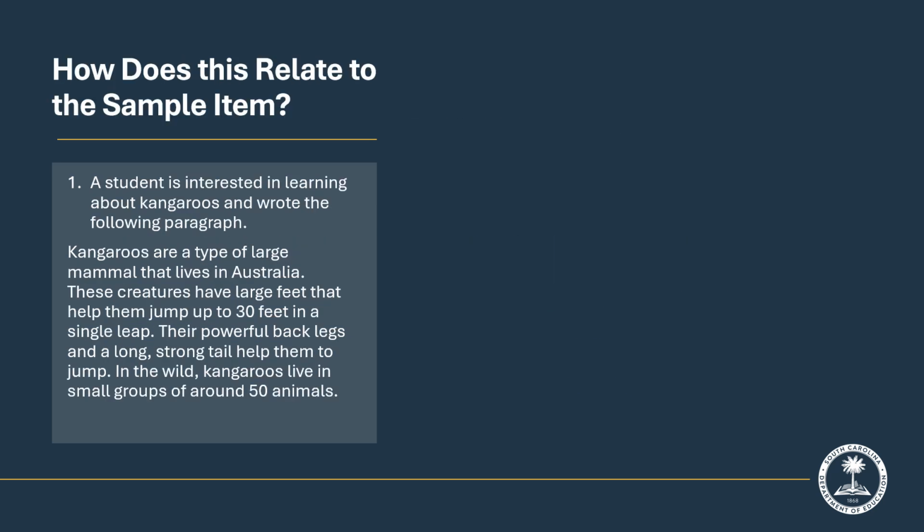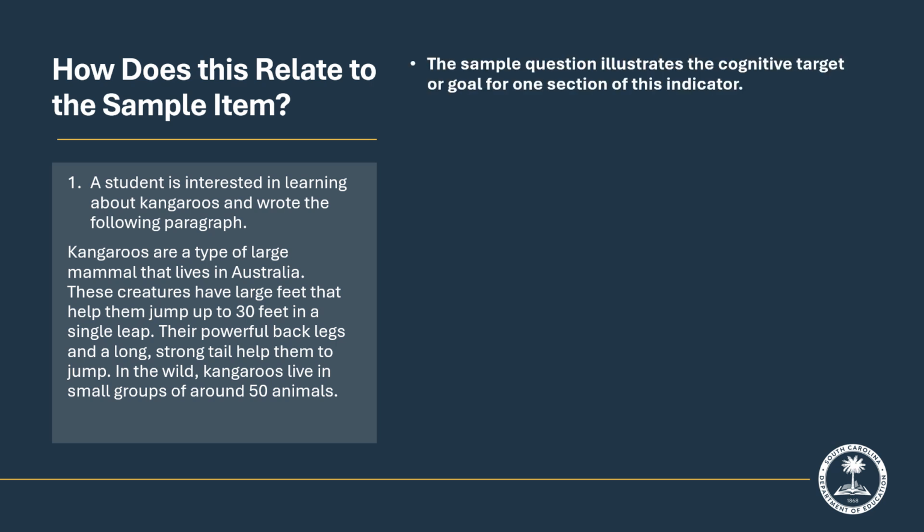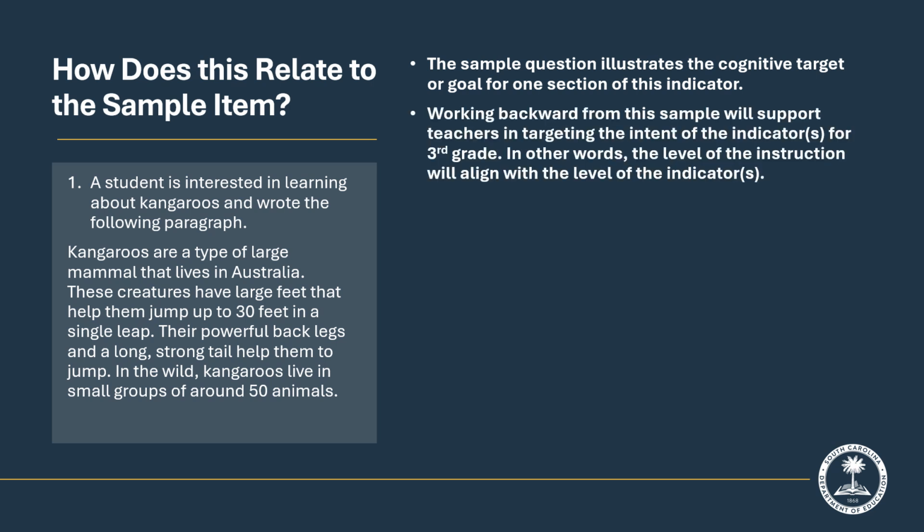The sample item illustrates the cognitive target of the grade level indicator. By working backward from the item, teachers can create instruction that ranges from lower cognitive levels to the cognitive level of the indicator. If we only use this item as a practice item with students, the students will only be prepared to answer one type of assessment question.